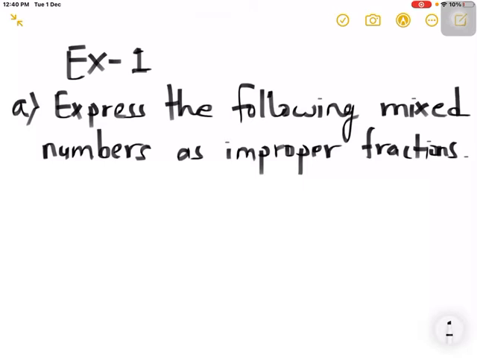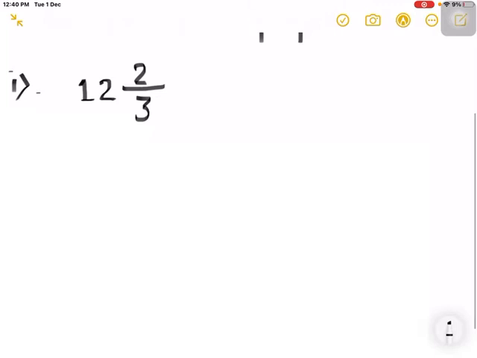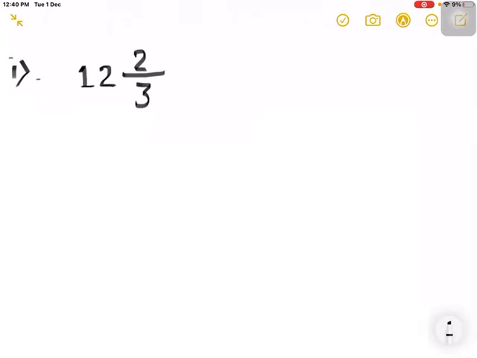In number one, the question we have is 12 2 by 3. Looking at this question, we have to understand that 12 means the whole number, plus 2 by 3.